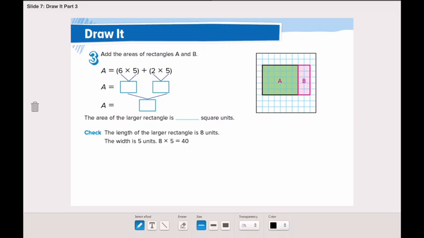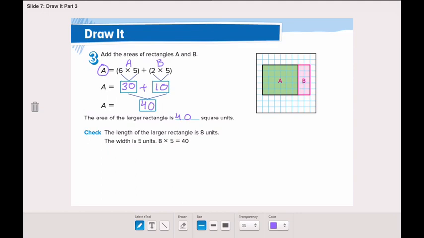So we're going to put A for area equals, this is rectangle A and this is rectangle B. 6 multiplied by 5, we said 30. 2 multiplied by 5, 10. Now we add them together. 30 plus 10 is 40. So the area of the larger rectangle is 40 square units.